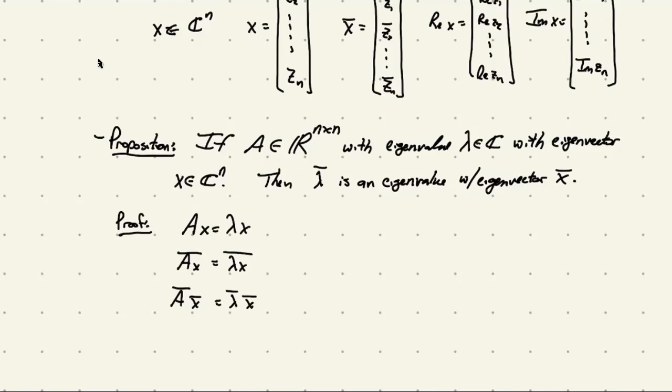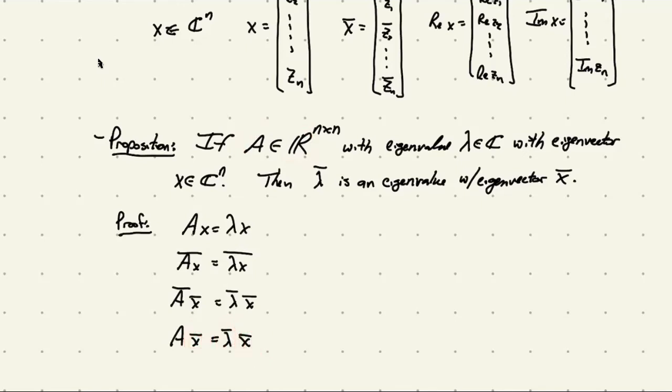And here's the kicker. Since A is real valued, the complex conjugate of A is just itself. And that's all we needed to show. This shows that lambda bar is an eigenvalue and the eigenvector affiliated with it is x bar.